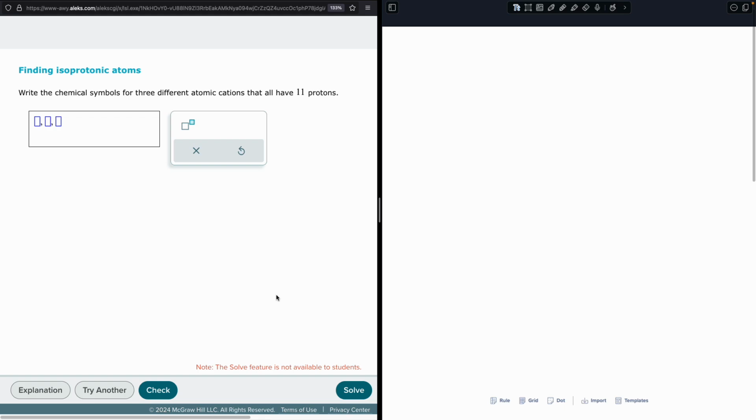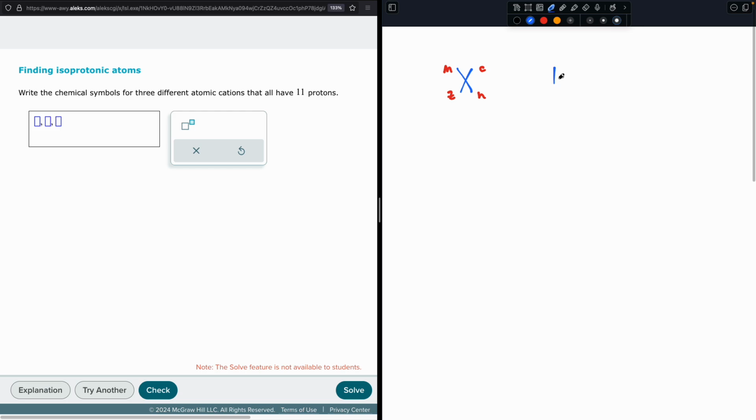All right. So when I do something like this, I'm going to use my notation, which looks like this. X for the symbol of the atom or the element symbol, and Z, which is the number of protons, M, which is the mass number or the number of protons plus neutrons, C, which is the charge, and N, which is the number of atoms in the structure we're talking about, right?